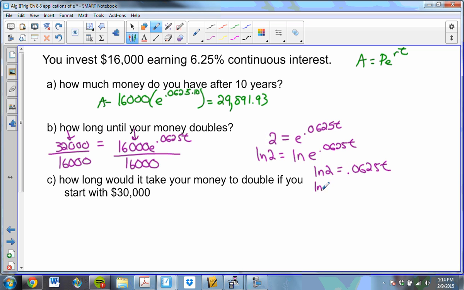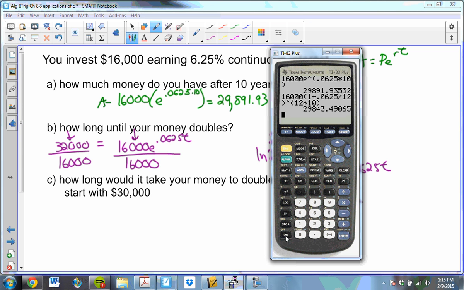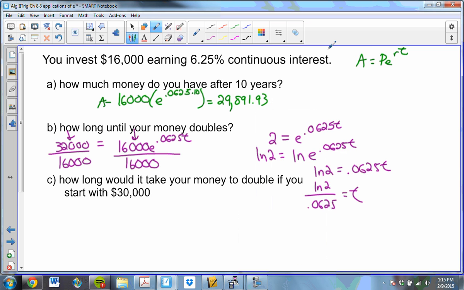So I'll do the natural log of 2 divided by 0.0625. That's 11.1 years. Which makes sense, because at 10 years up here we'd almost doubled. We're only 3,000 away from doubling, so it's going to take more than 10 years, but not much more than 10 years.